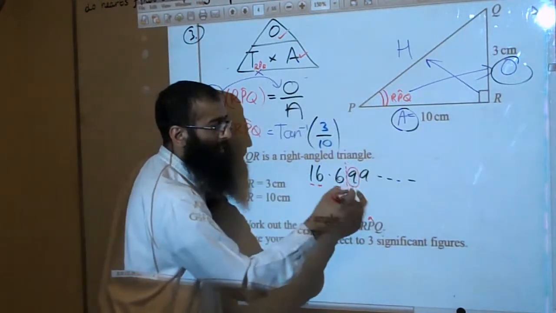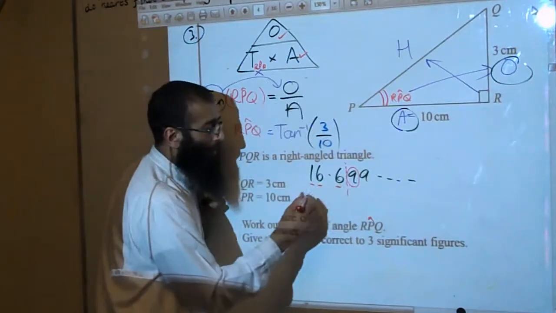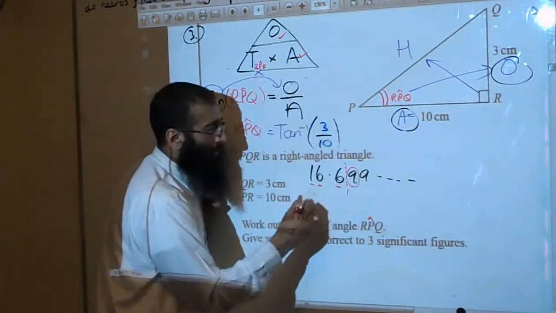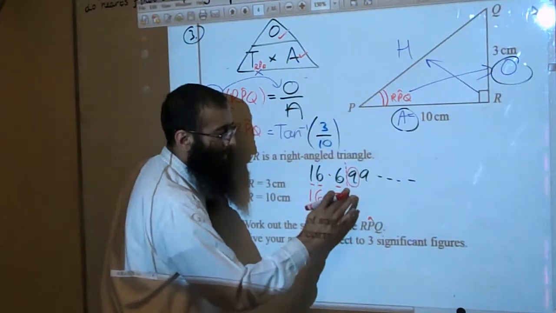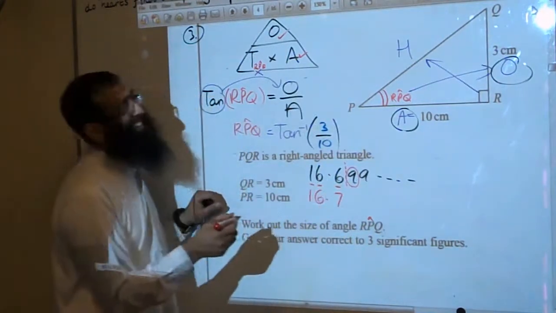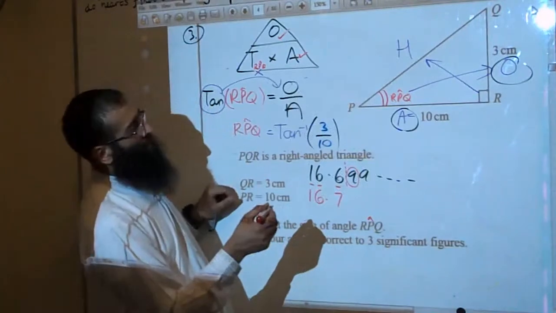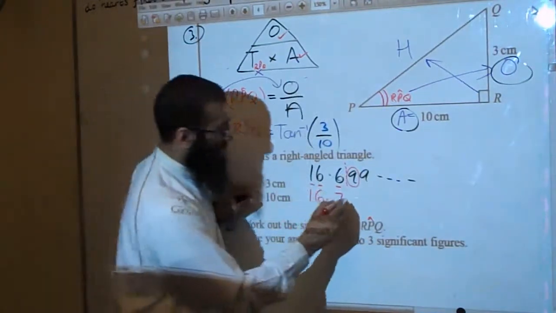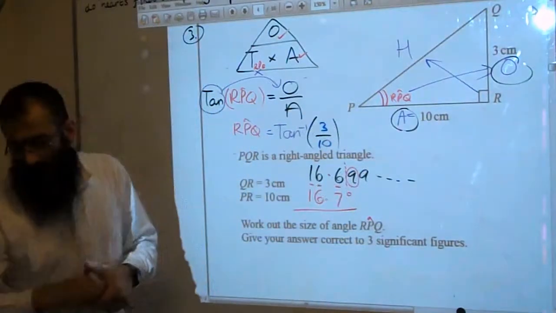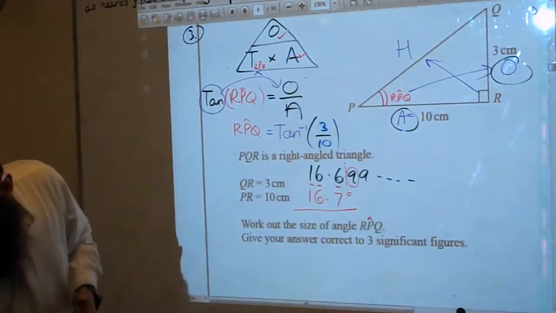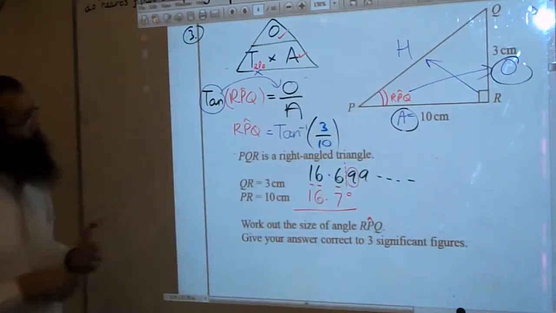So the 9 is the decider. If it's 5 or more, you add 1. It is more than 5. So 16.6 add 1 will give you the 7. So the final answer will be 16.7 centimeters, no, degrees. It's a small angle because one side is quite long and that one is quite short. So 16.7 degrees.